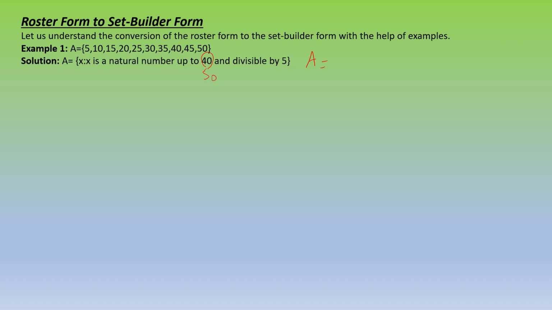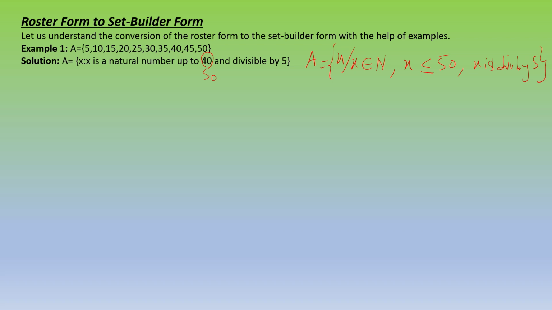A is equal to x such that x is a natural number and up to where are they? They go up to 50. x less than or equal to 50 and x is divisible by 5. We can write like this also. So we should be able to correctly represent the property of the elements here.